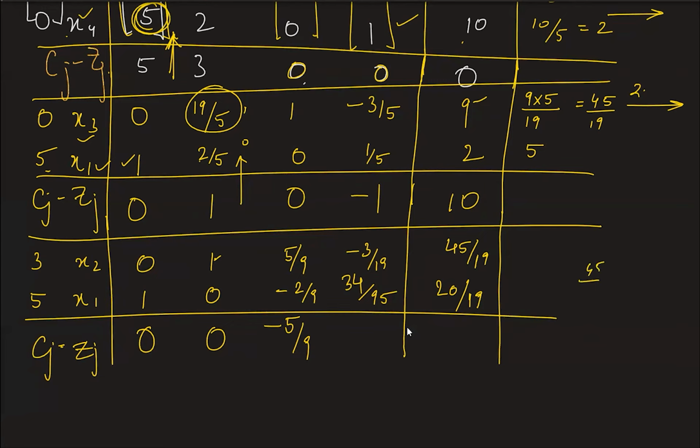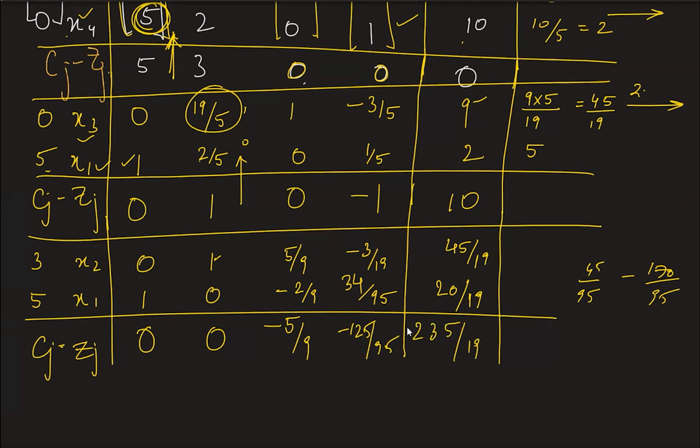45 by 95 minus 4 into 5, it is 95. So similarly, we would be having minus 125 by 95 with a value of 45 into 3, that would be 135 divided by 19 plus 100 by 19, that is 235 divided by 19.